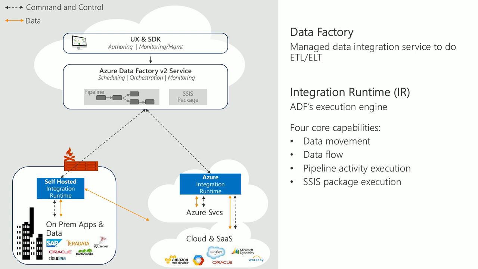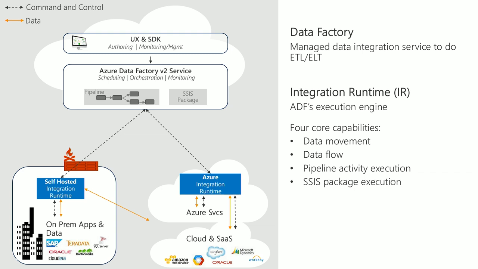Once an activity is executed, it is executed on an object called integration runtime. That is the executor that actually runs the activity. On the integration runtime, it can do the data movement, copying from A to B, or do data flow, pipeline activity execution, or SSIS package execution.